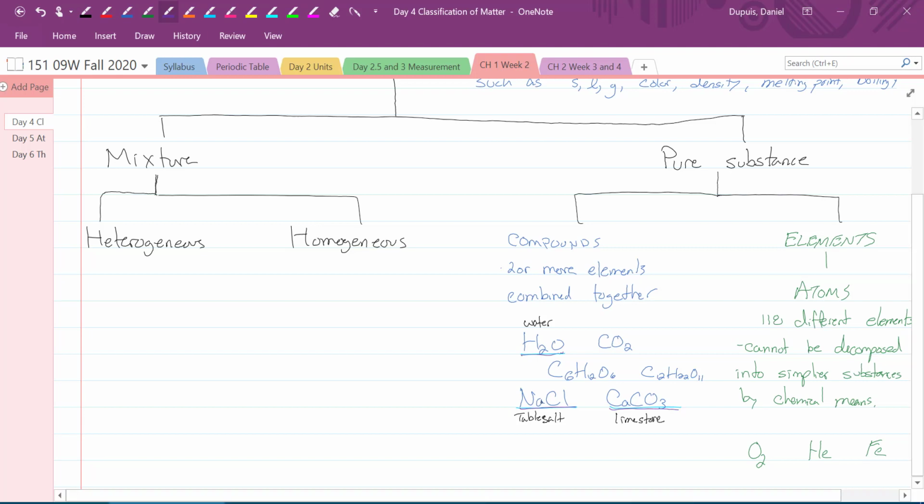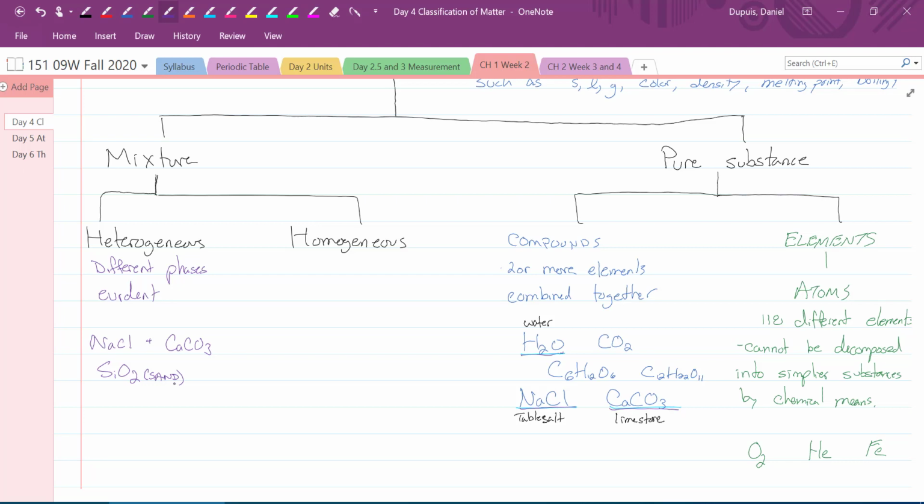If I just had salt and limestone together, it's definitely a heterogeneous mixture, which means there are different phases evident. So if I put in NaCl salt plus CaCO3, I could even throw in sand, SiO2, and that's a very good heterogeneous mixture. Salt and pepper would be another one.